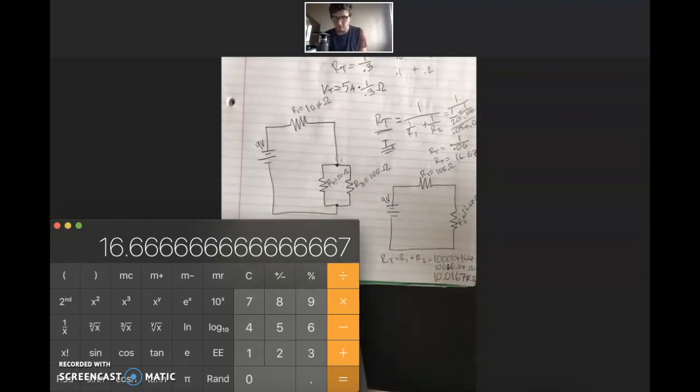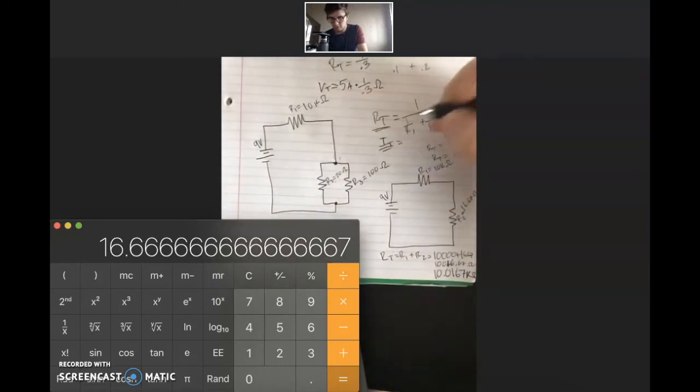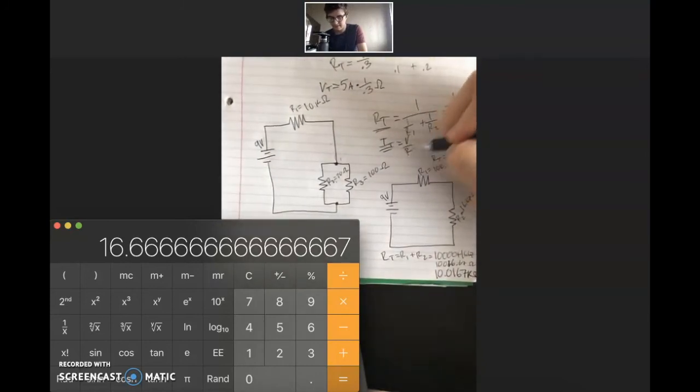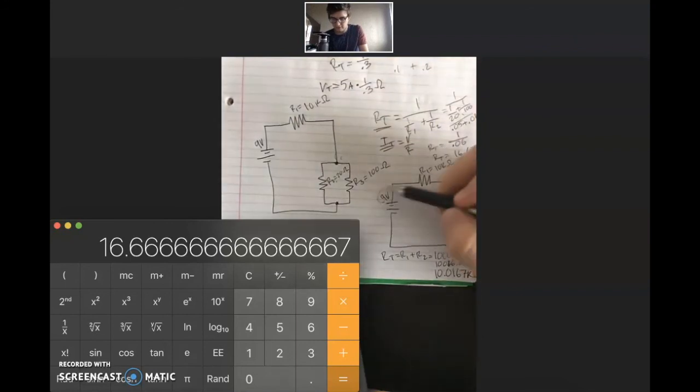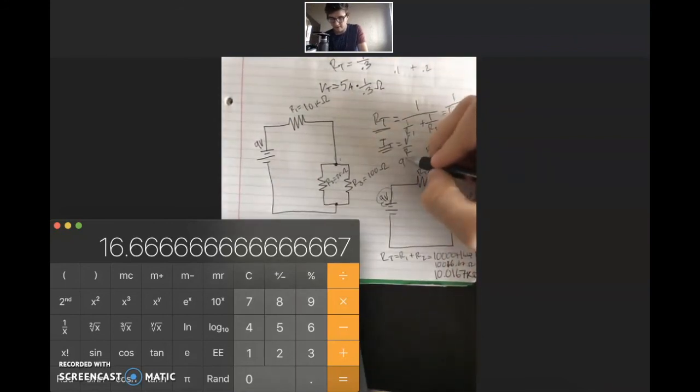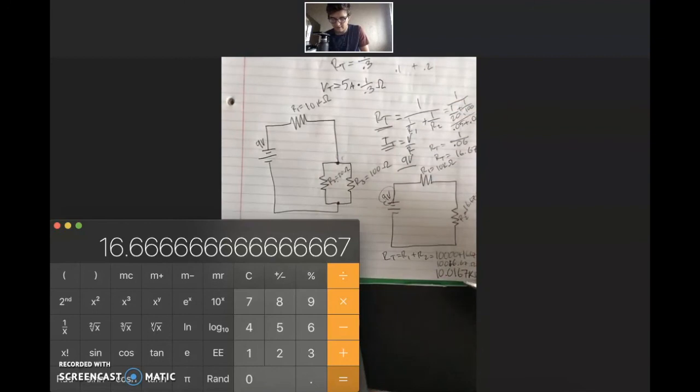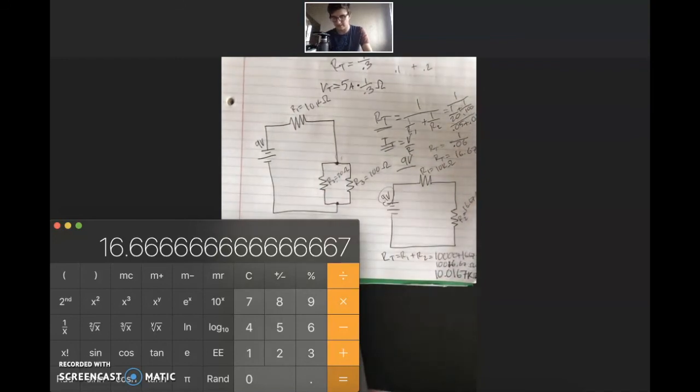So now we just want to solve for current total. So current total up here is equal to voltage divided by resistance, which we have our voltage right here. So we're going to plug that in, 9 volts divided by our now new total resistance over the entire circuit. So that's 10.0167K.